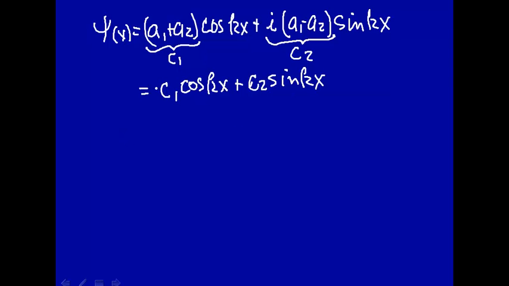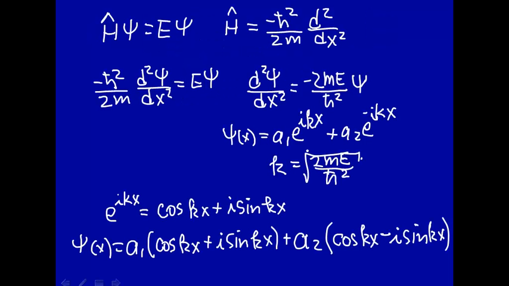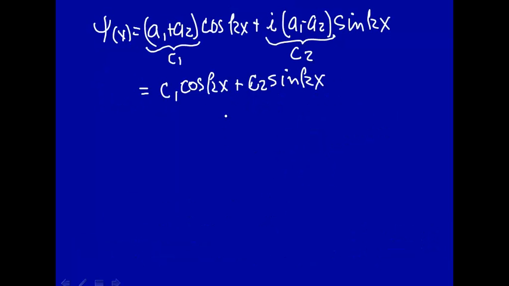Now, so far we don't know what C1, C2, or k are. Well, we do know what k is in terms of the energy, but are there any restrictions on k or anything like that?